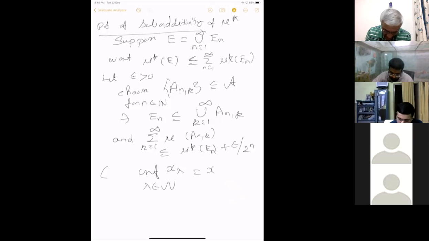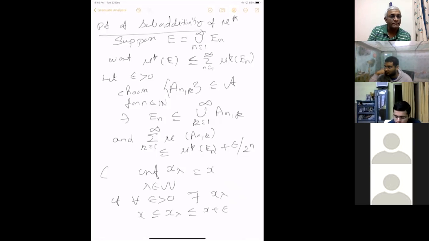What does it mean? For all epsilon greater than 0, there exists an x lambda such that this x lambda is less than x plus epsilon. I'm using real numbers. If you increase x by epsilon, then there exists an x lambda between x and x plus epsilon. That is what it means for the infimum of x lambda to be x.